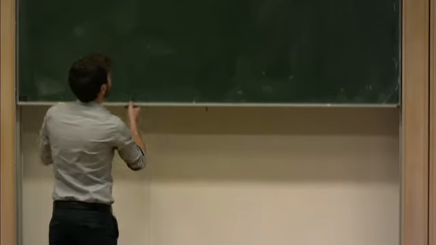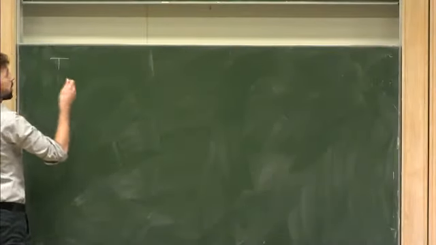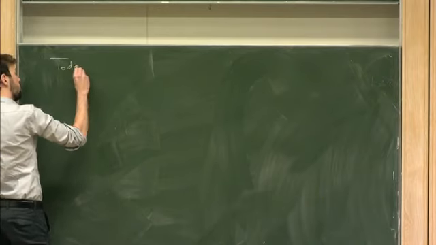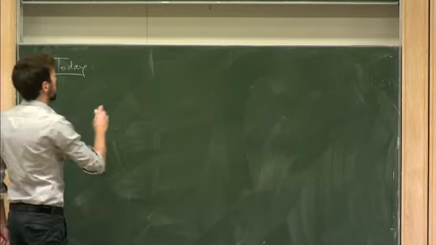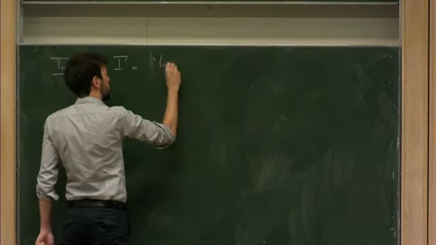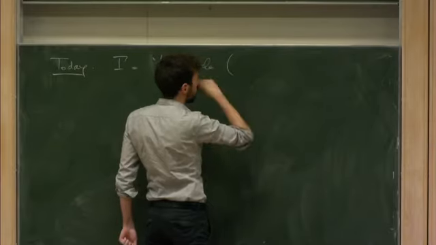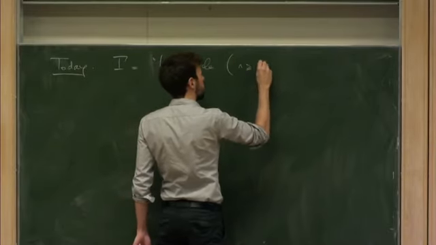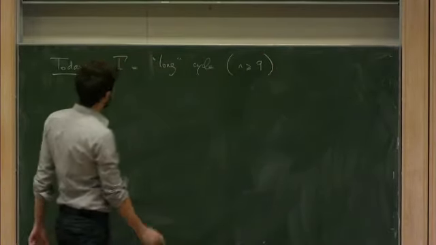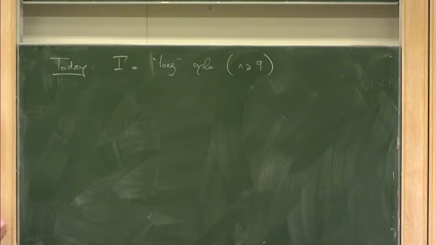So the result we would like to have is for graphs of large girth, but today I'm going to talk about the case where gamma is a long cycle. And long is generally going to mean n at least 9, so a cycle on at least 9 vertices.